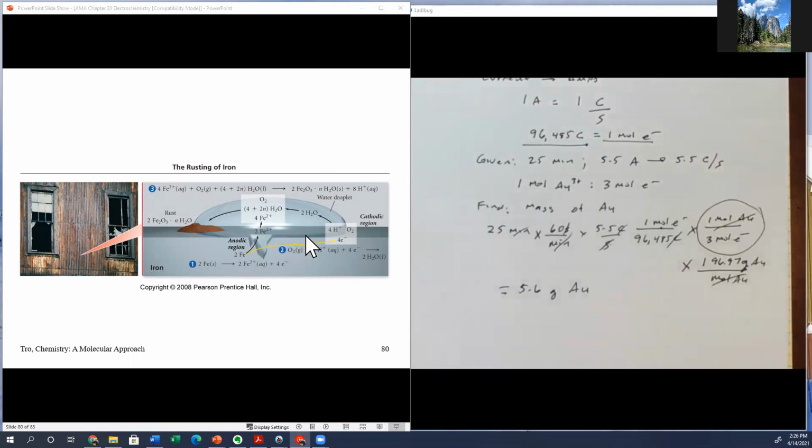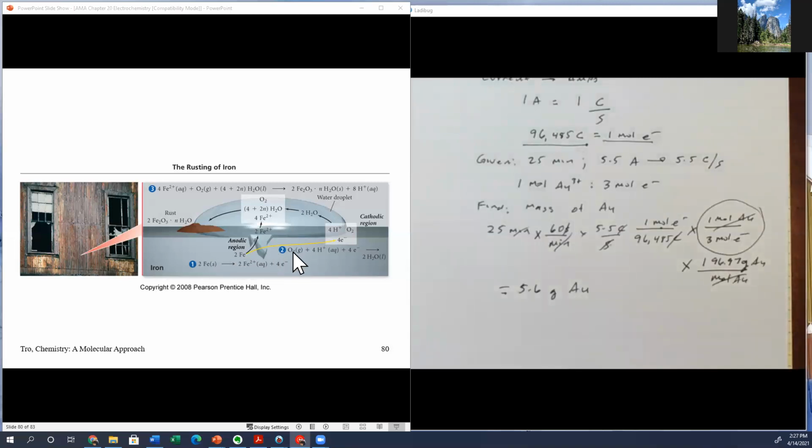You don't really have to understand all of this, nor memorize it. But the main things are that you have iron going to Fe2+, and that often happens where there's an irregularity in the surface. If you have a surface of iron and you get a little dent or a chip in it, that'll expose it to this oxidation of iron.